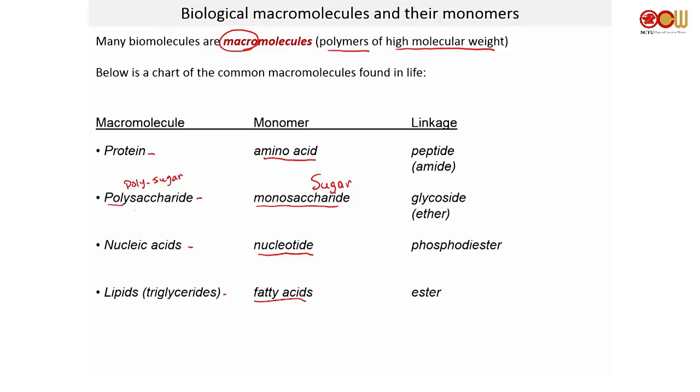And their linkage, here's the thing. Proteins are linked via amide bond, but in biology we call it peptide bond. Peptide, amide, same thing. It's just 2 different people saying the same thing.